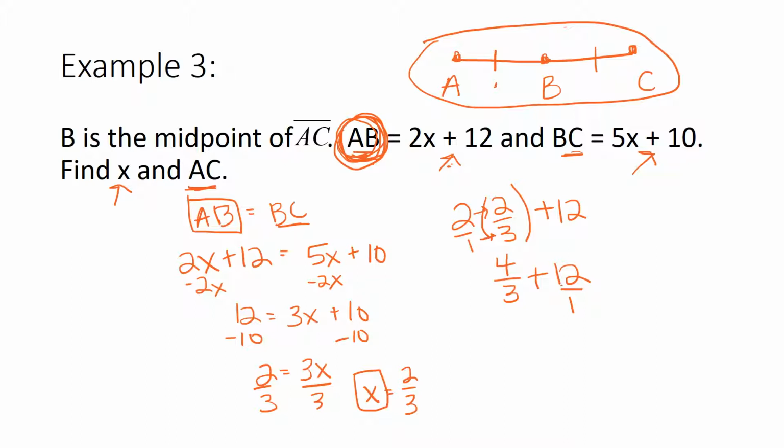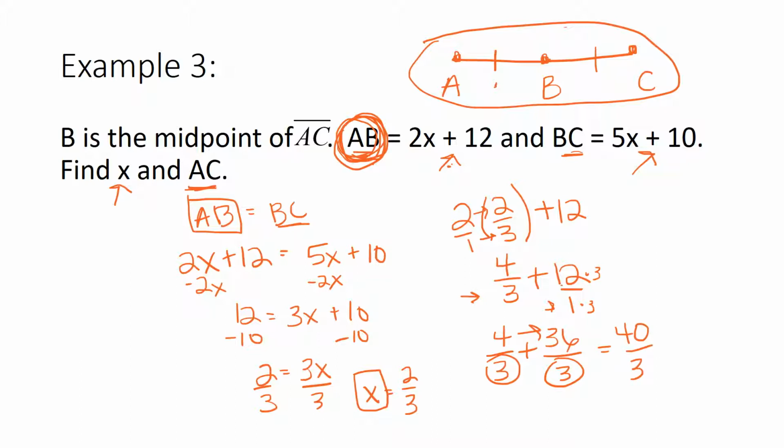In order to add fractions, you have to have a common denominator. So how do I make 1 a 3? Well, I would multiply by 3. What I do to the bottom, I better do to the top. So this is going to be 4/3 plus 12 times 3 is 36. 1 times 3 is 3. Now that they have that same denominator, I can add the top to get 40/3.